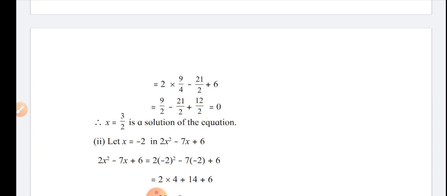So in this way, you just have to put the value at the place of the variable and check whether the equation is satisfied or not. If the equation is satisfied for that value, that means that value is a solution of the given quadratic equation. In this way you have to check whether the given values of the variable are solutions or roots of the quadratic equation or not.